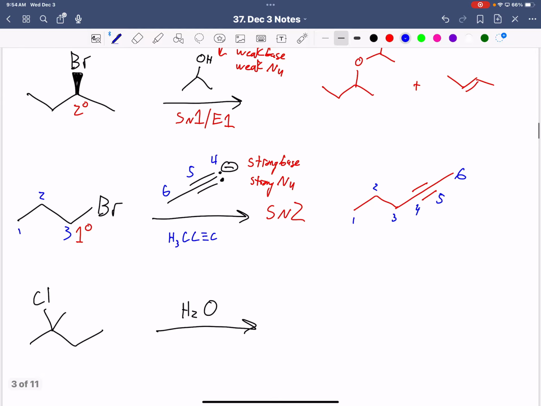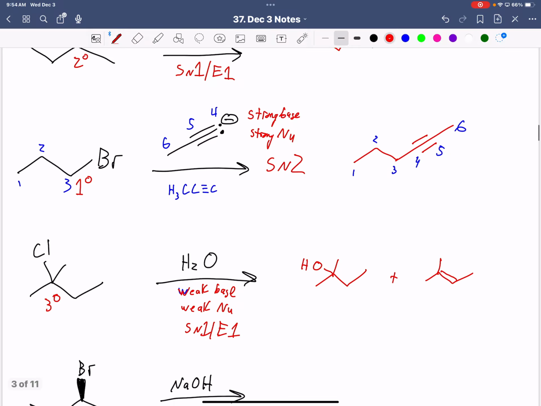Okay. Water. Weak base, weak nucleophile. But it's tertiary substrate. So we can still do SN1 or E1. I'll just put an HO there. And give us the Zaitsev alkene.